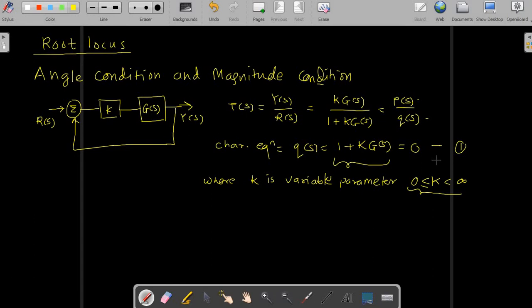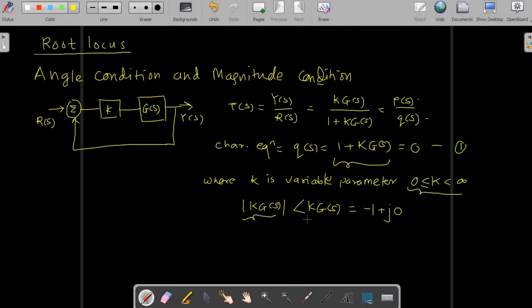Here the roots lie in the S-plane. Because S is a complex variable, this equation can be written in the magnitude and angle form: K G of S, magnitude and angle, is equal to -1 plus j0.